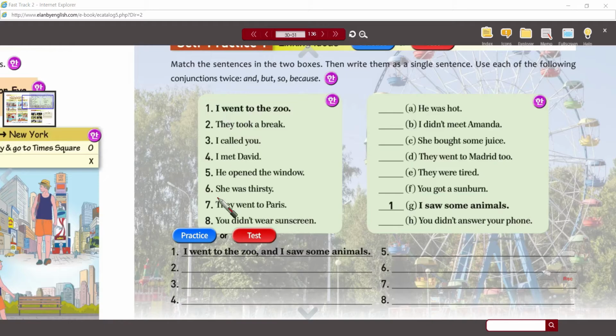There's one sentence here with a letter over here. Some of these are pretty obvious, some might be a bit tricky. Number one is done for you. I went to the zoo. I saw some animals. So these two are a match.